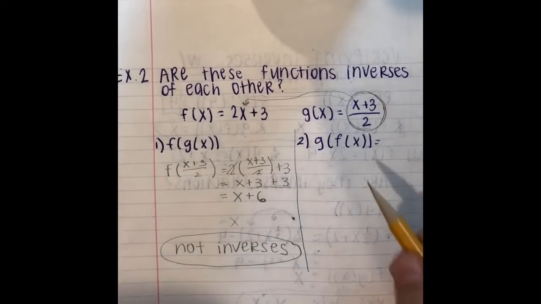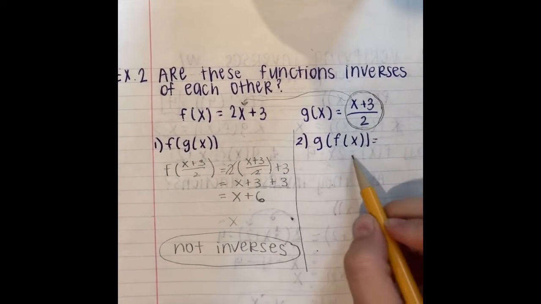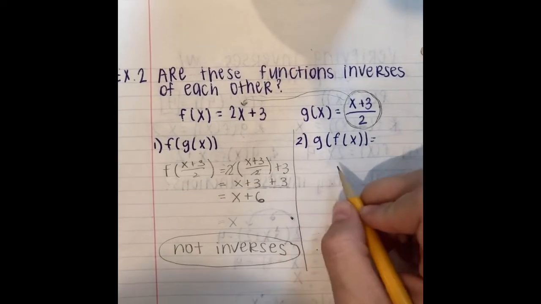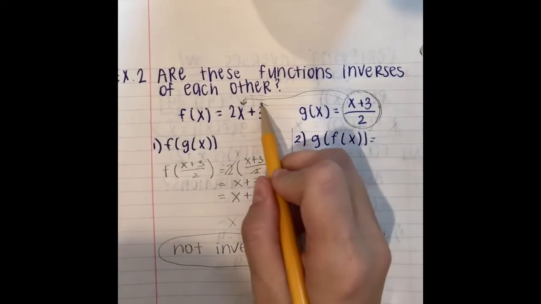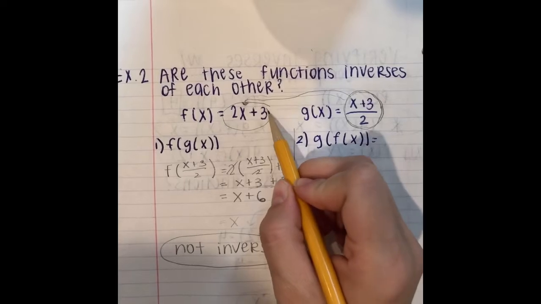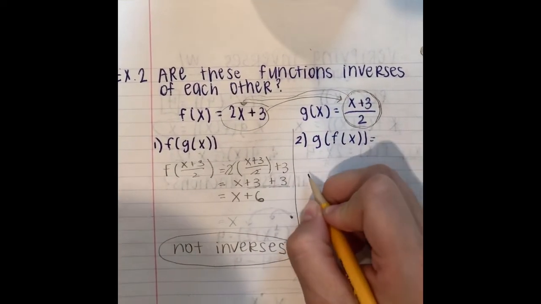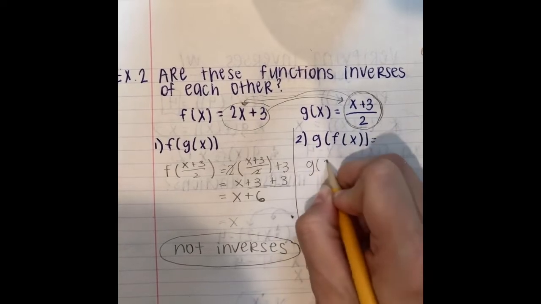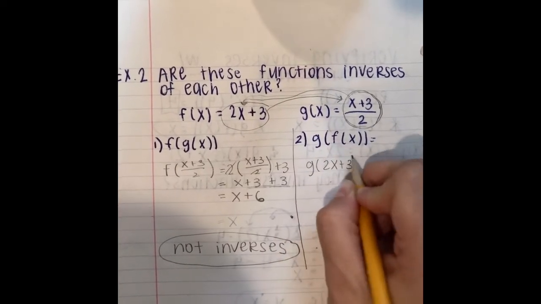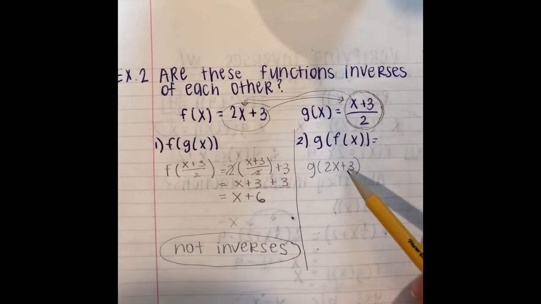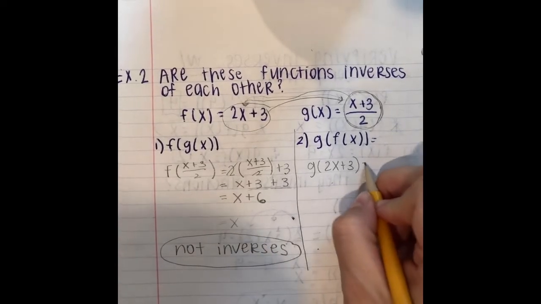You would still get the same result even if you chose to do g of f of x. If I did g of f of x, then I'm plugging my f function into the x value on my g function. So I would have g of 2x plus 3, as I'm plugging the f function into the x of my g function.